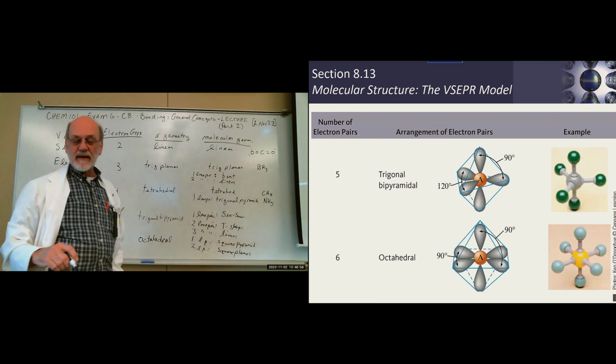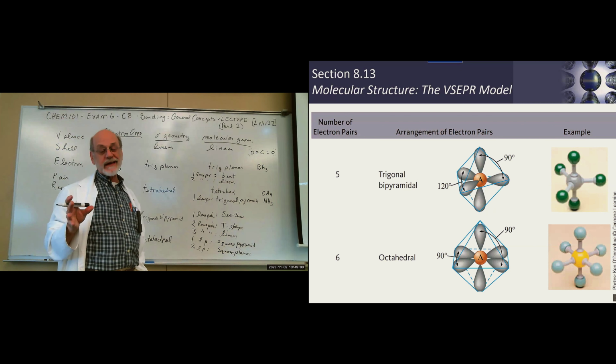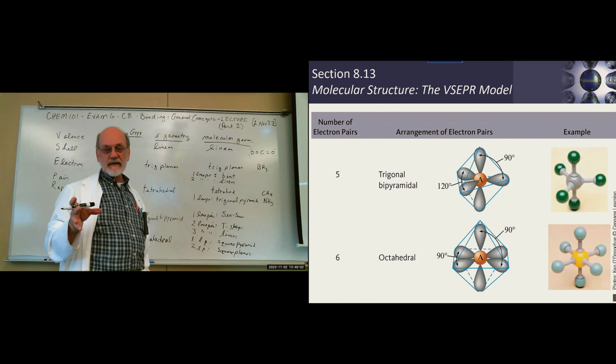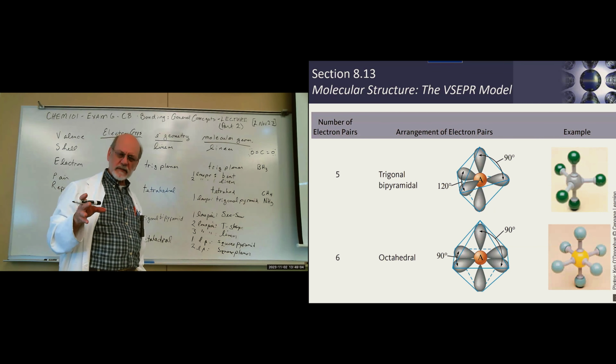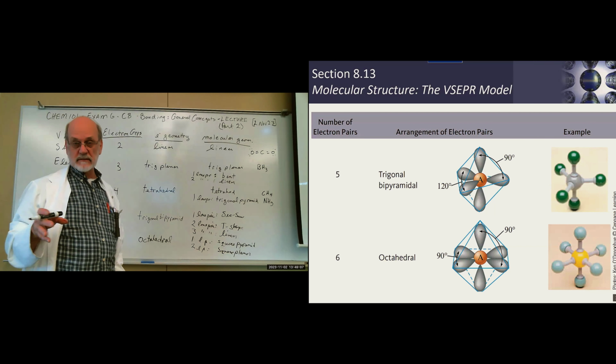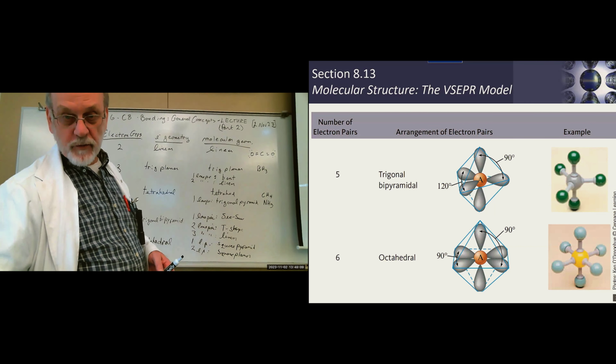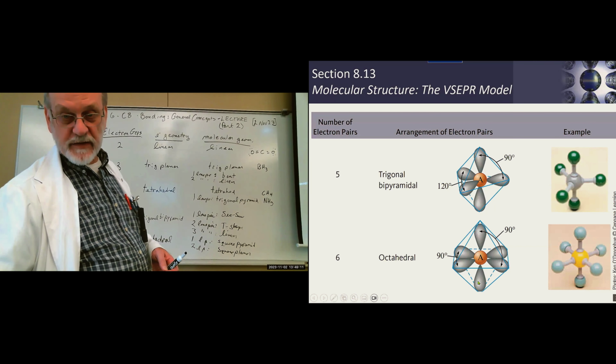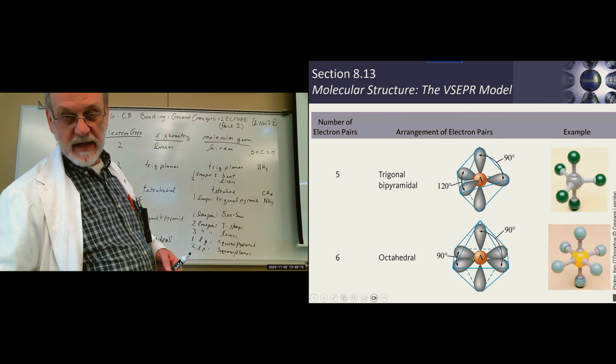Okay. I guess if you have three, then now you have a T-shape, right? Because three lone pairs would occupy this place, and one of these places, and that leaves a T-shape.